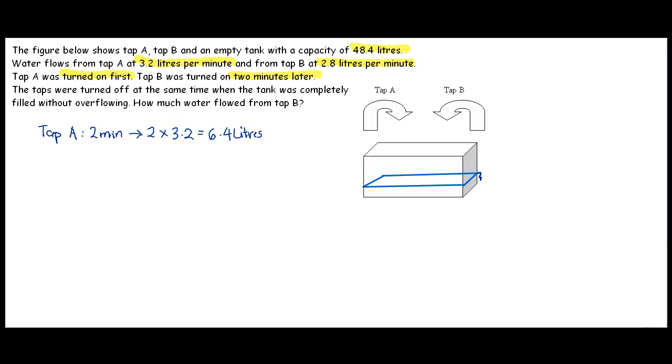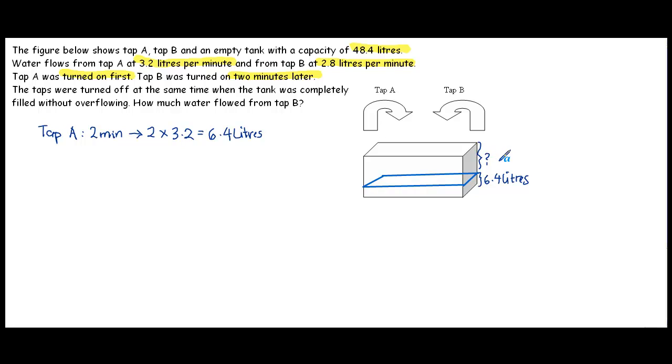So this is the amount of 6.4 litres. If 6.4 litres of water has filled the tank, that means this is the remaining volume that has to be filled in. What is this amount?